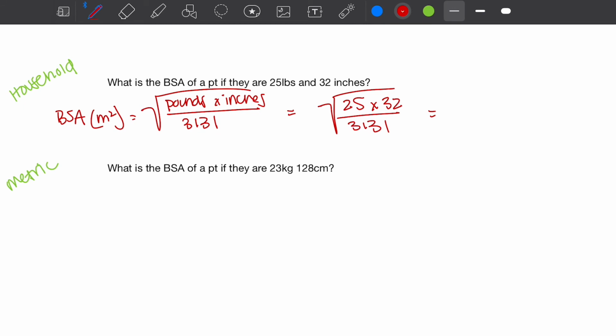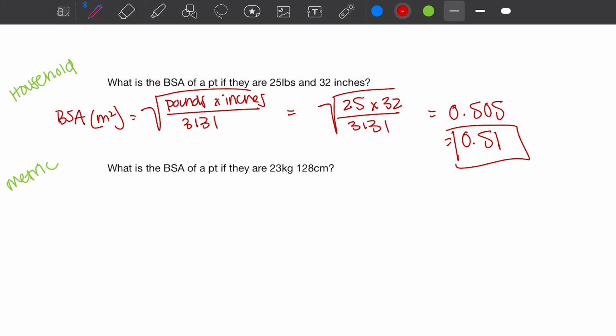Now you're going to take the square root of that number. Everybody's calculator is different, but on the test, y'all should all have the same calculator. So that will give us 0.505. We're going to round to the nearest hundredth, so we'll say 0.51. And that is our BSA.